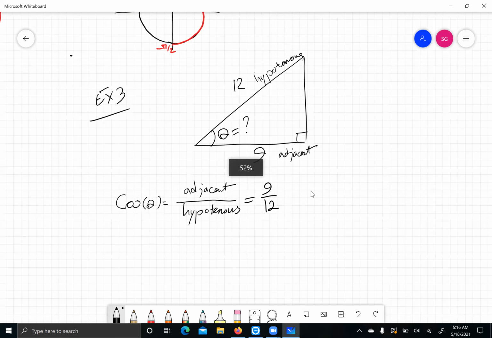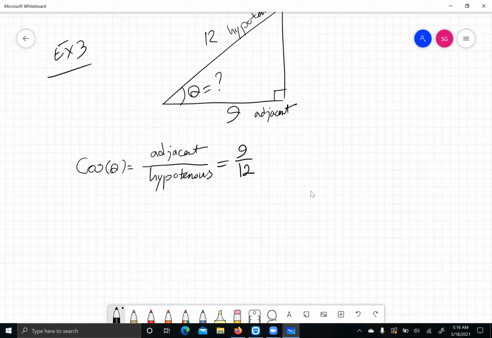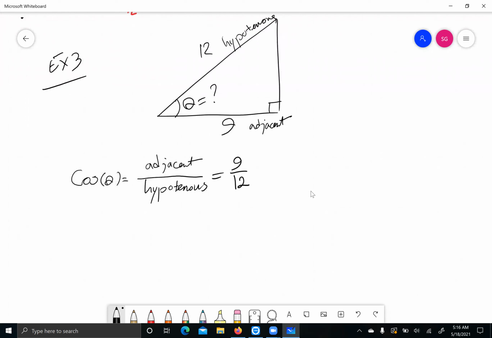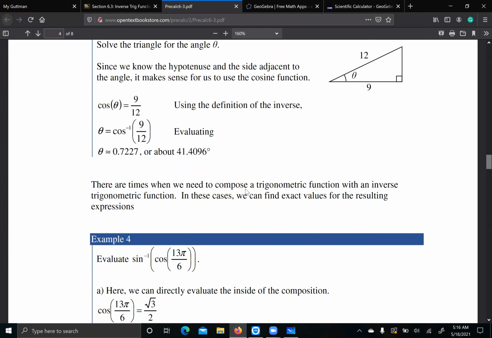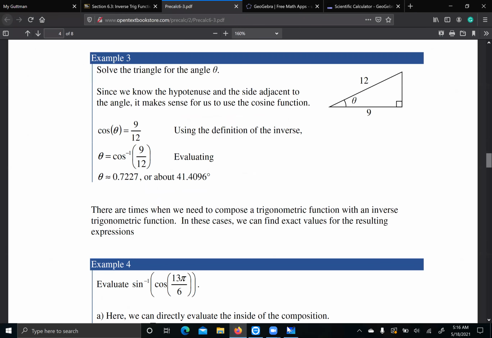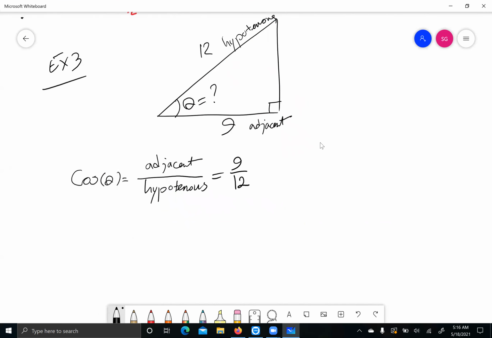Okay, so the question is, what is theta? Find theta. We have the cosine of theta. I don't know if your textbook wants us to use the inverse, but obviously we can use the inverse function.